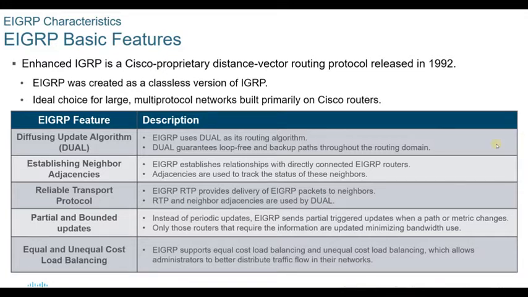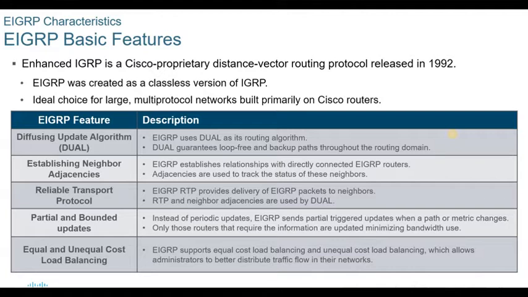As the name suggests, EIGRP is an enhancement. This was discussed in the previous module. We found out that EIGRP is an enhancement of another Cisco routing protocol called IGRP, or Interior Gateway Routing Protocol. We also discussed the differences between the two.